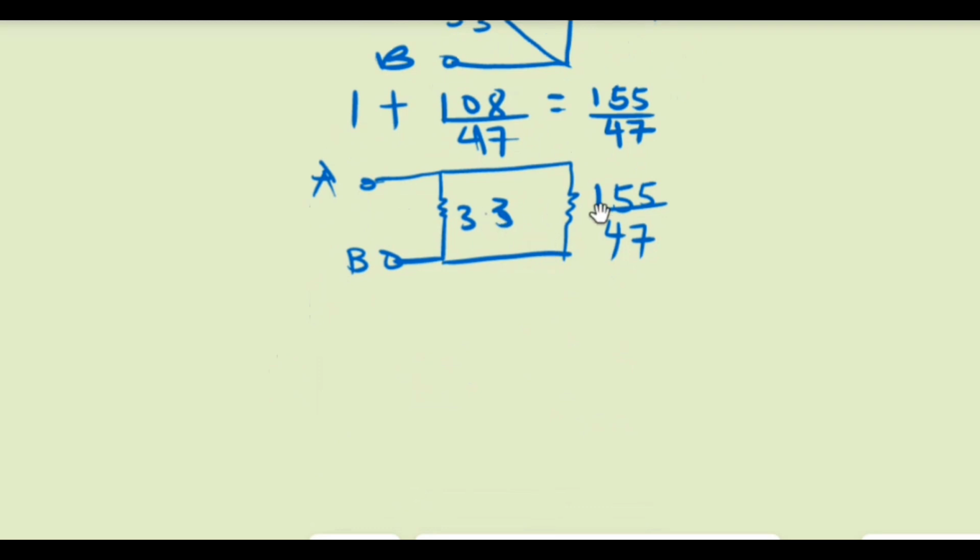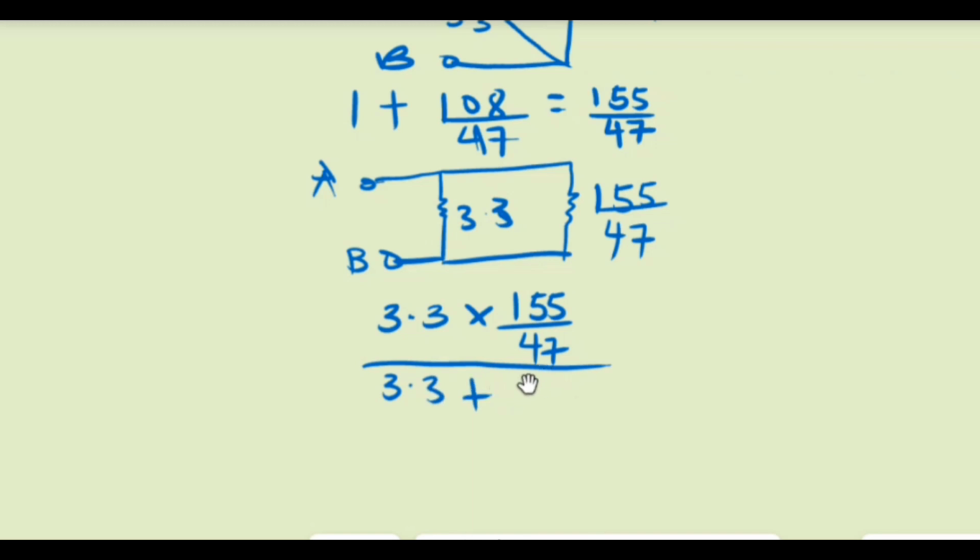So at this point, this and this are now in parallel. So you get 3.3 times 155 over 47, all over 3.3 plus 155 over 47. So what are you getting from this?